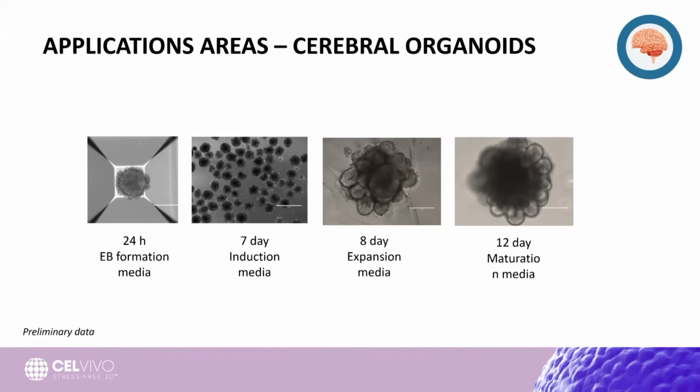So here it's shown at day 12, but they are maturing the organoids until day 42, but we still need the data. So this is just to show you how many different applications can actually be applied within a system. It's really just, the sky is the limit for this.